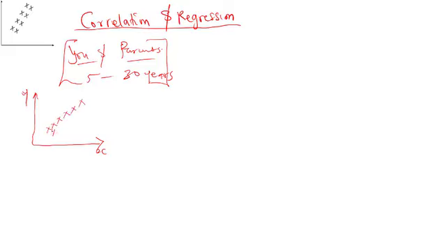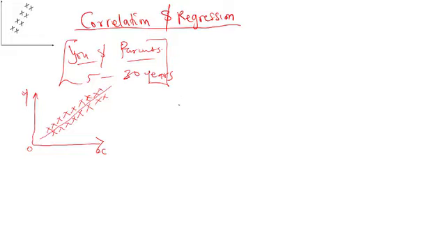This is the nature of their relationship. If you plot their relationship on a graph, it will look like this: a straight line from the origin. This is the origin, the 0 mark. This is to show that the value of x keeps increasing and the value of y increases as that of x increases. So you have a straight line like this. That will be the nature, because as this one is increasing, this one is also increasing.